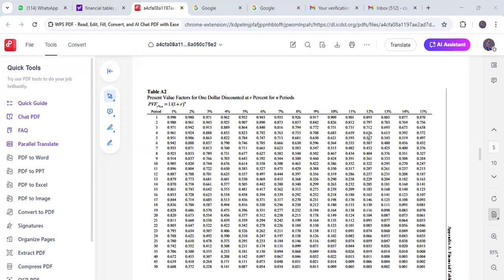Who said the 10% under 3? I'm seeing 0.751, yes, thank you. So that's the 0.751 that we have here.